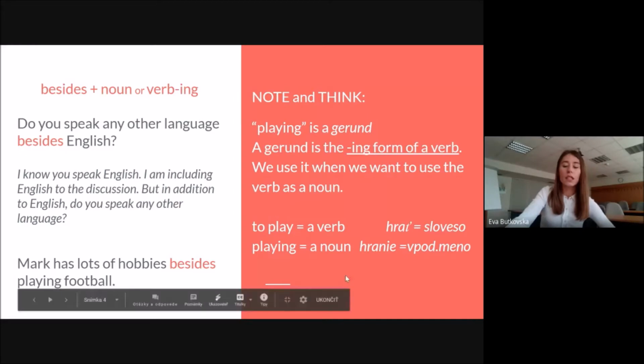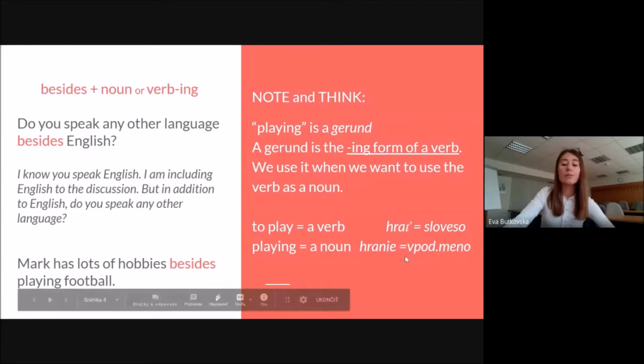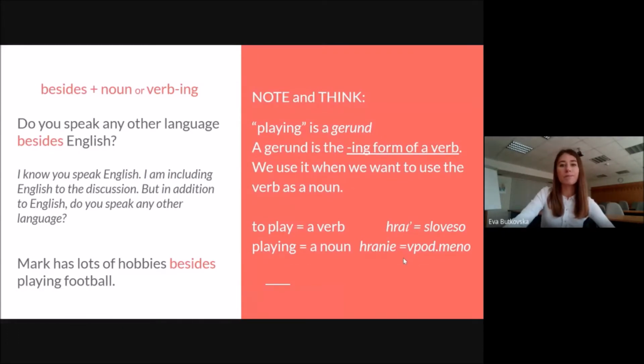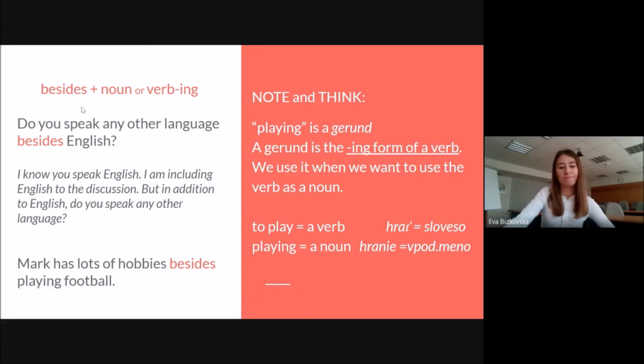So look over here. The verb is to play. The noun is playing. You even have a translation. So with other verbs, for example, to write, that's a verb, but writing, it's a noun. So really, in the structure, besides is always followed by a noun.